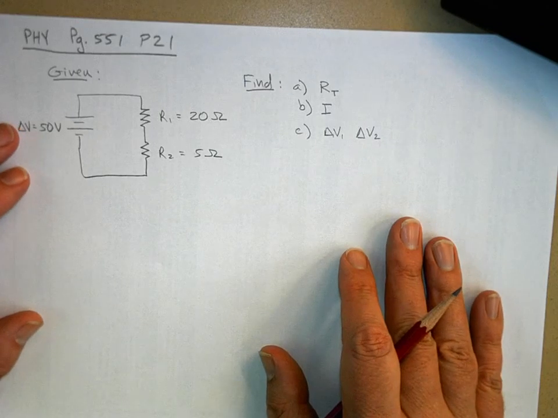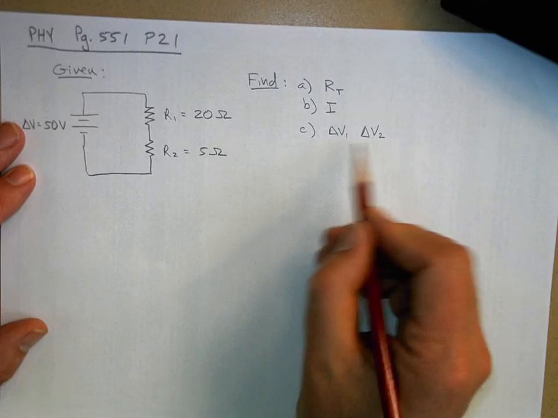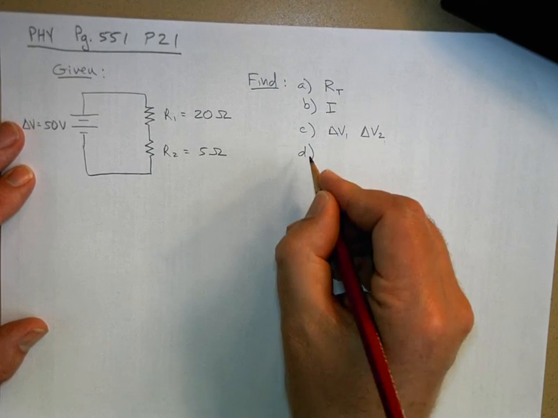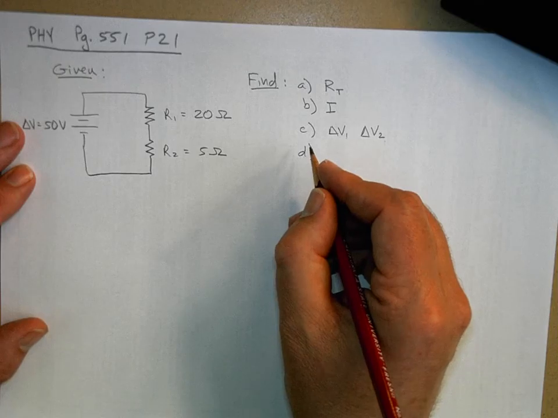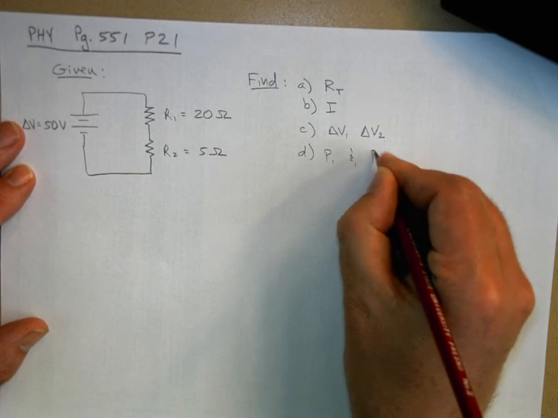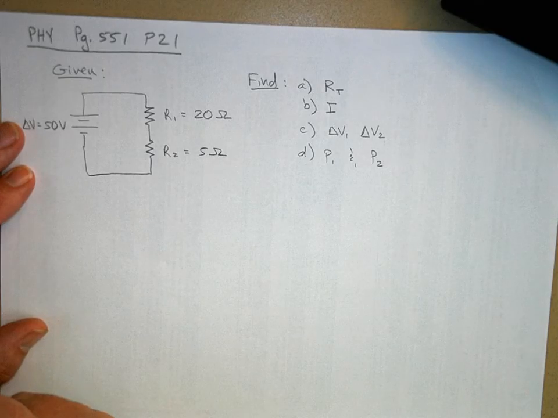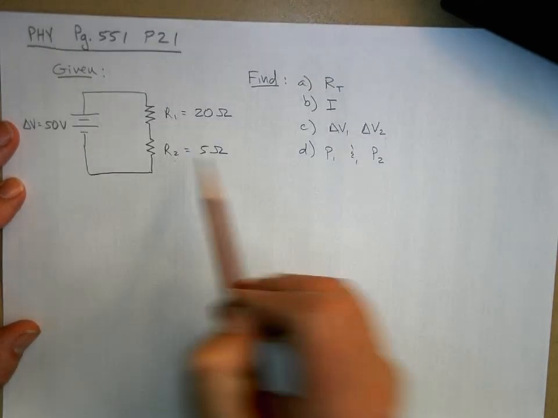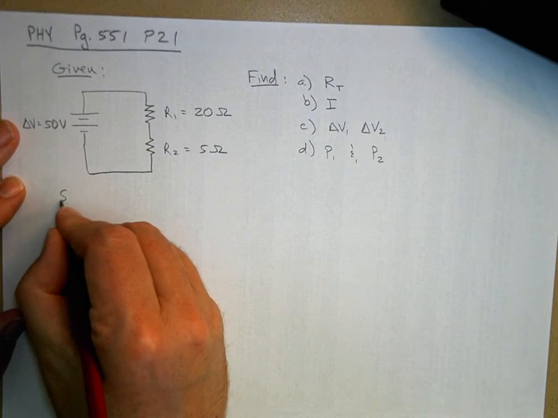The 1 and the 2 just represent the voltage drop across resistor 1 and resistor 2. And then D, the power dissipated in each lamp, so power 1 and power 2. You see the way I set that up: the 1 and the 2 refer to the resistor we're talking about. So let's solve.